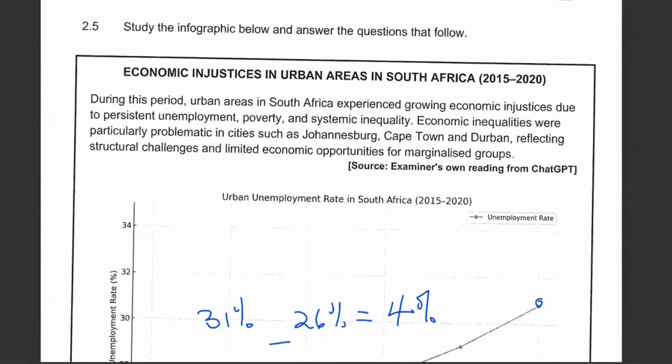Our text here is saying experienced growing economic injustice due to persistent unemployment, poverty, and systematic inequality. That is where we get our quote. South Africa has experienced a growing economic injustices due to persistent unemployment, poverty, and systematic inequality.